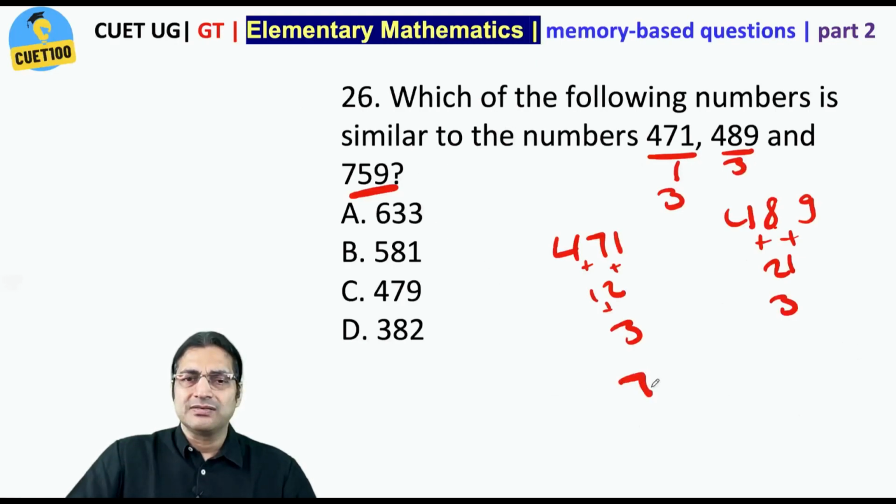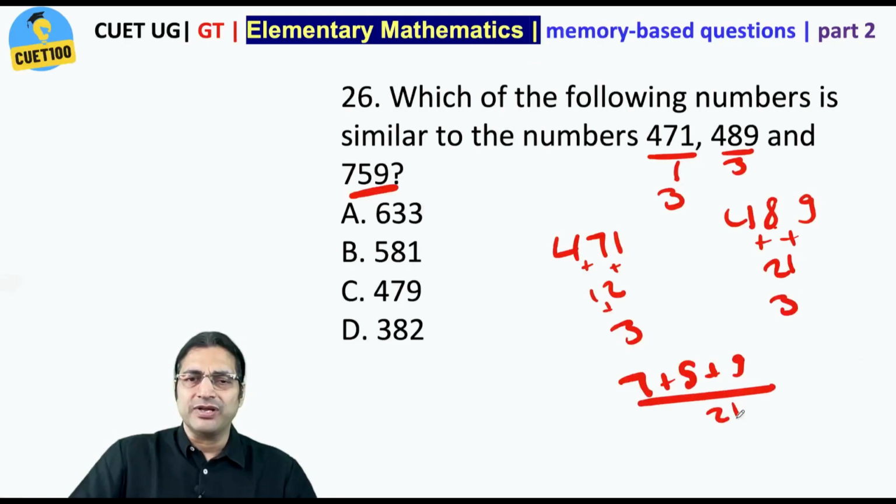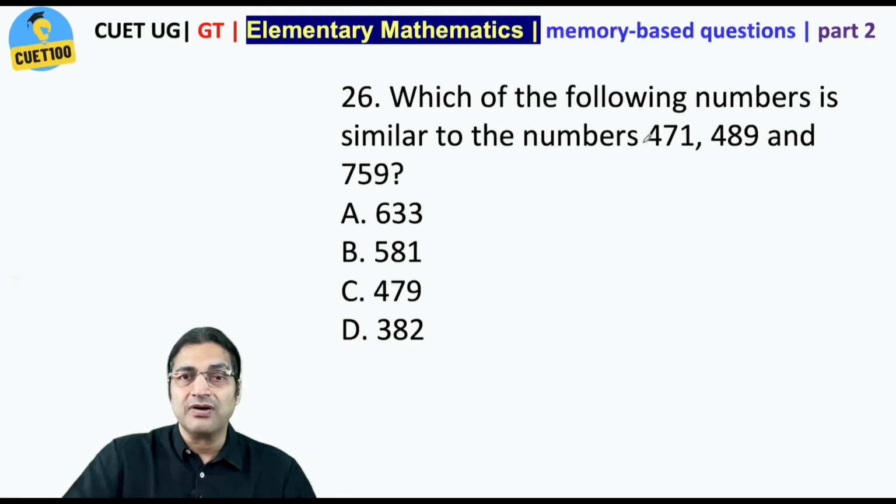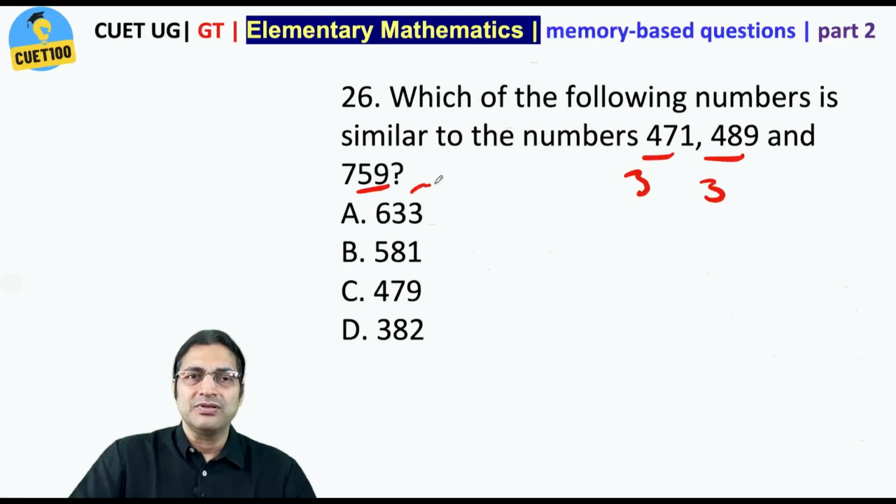759. 7 plus 5 plus 9 is how much? 21. 2 plus 1, 3. So, each one of these 3 numbers ultimately gives you 3. Don't they? They do, right? Okay, what about these numbers? 8 plus 3, 11 plus 2, 13. 13 and 3 plus 1, 4.